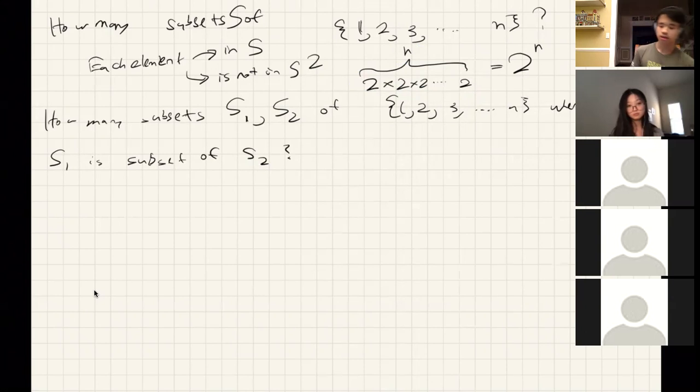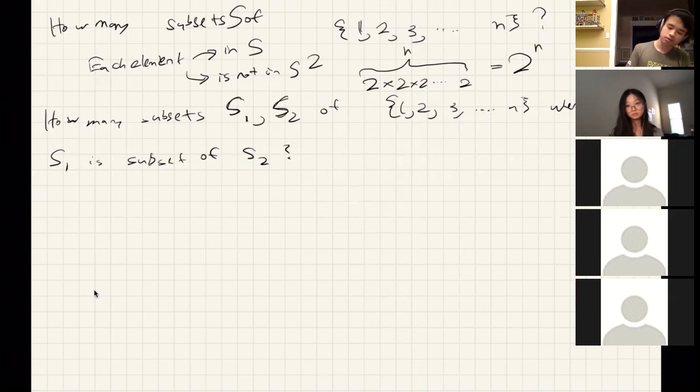Another question that you might be asked, slightly less boring, is how many subsets S1, S2 of 1, 2, 3 all the way to n are there where S1 is a subset of S2?